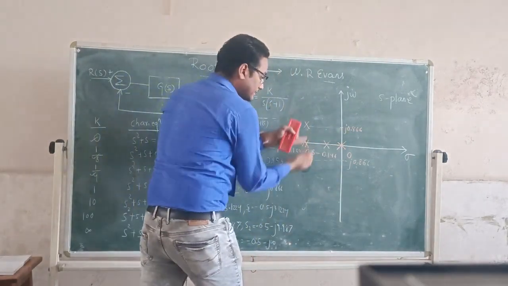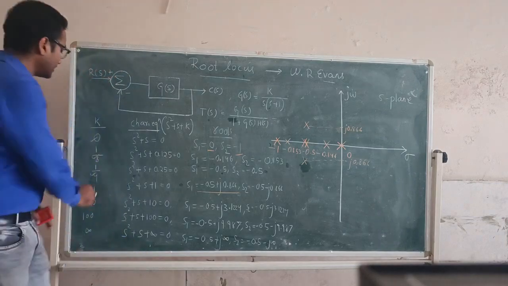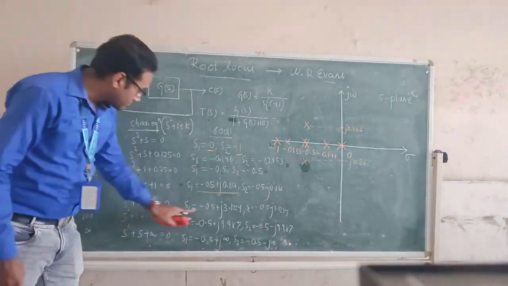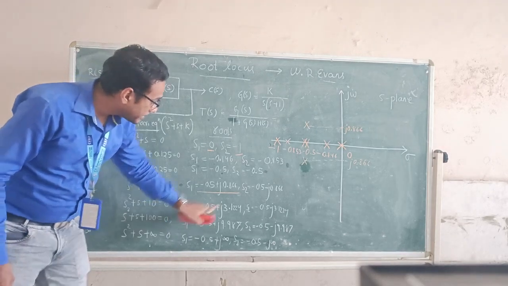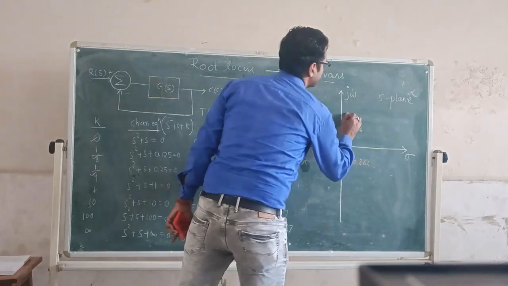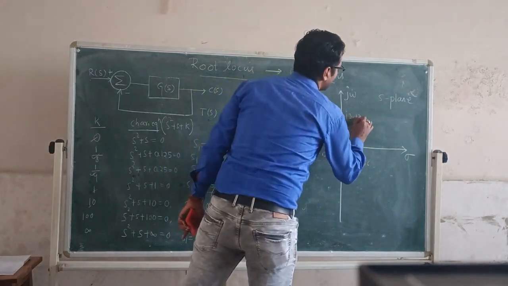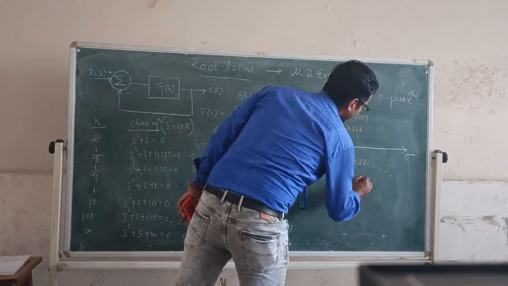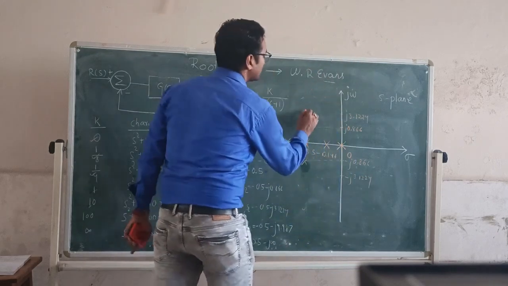They come like this and they segregate. Next, I will increase the value of k to 10. Then my roots are -0.5 + j3.1224 and -0.5 - j3.1224. Again the roots will come here.